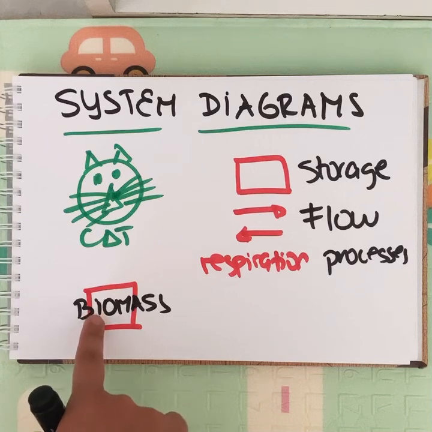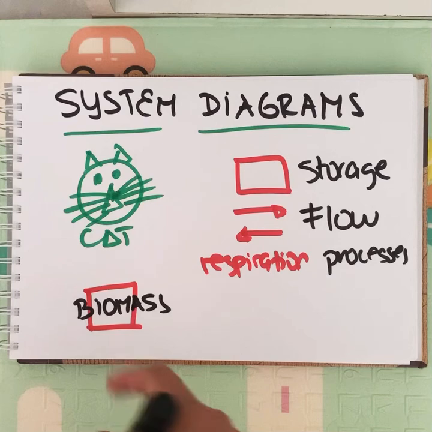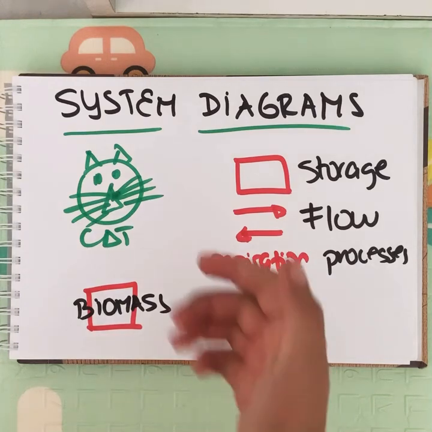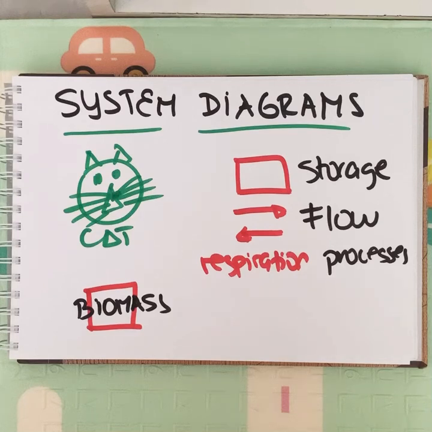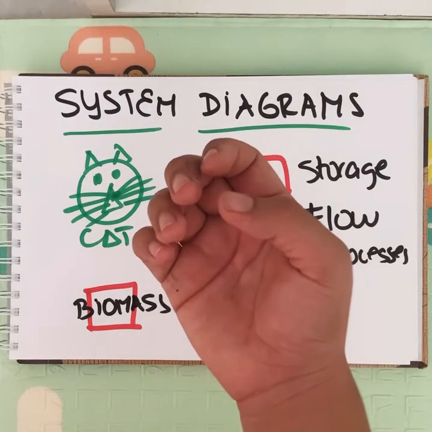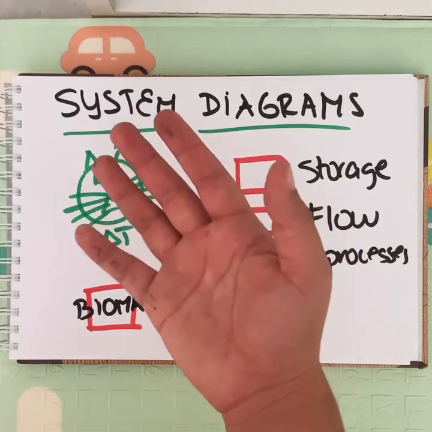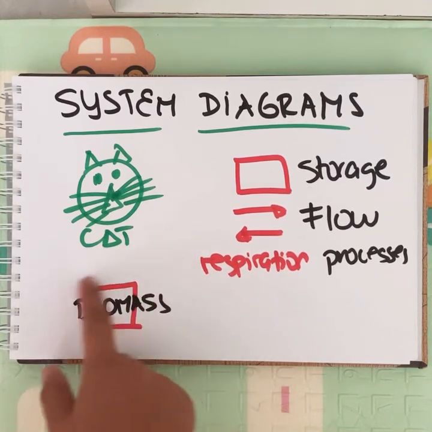When I see a biomass in a box, that gives me an idea that maybe I'm talking about a plant, or an animal, or something that is alive. So in this case, the biomass of the cat is its meat, could be its fur, could be its bones, could be anything in which the cat has stored energy. So we call this a biomass.